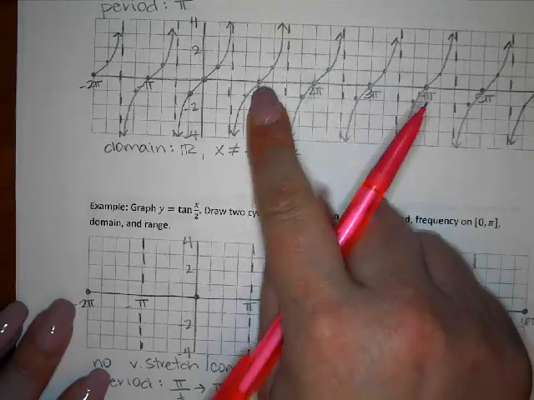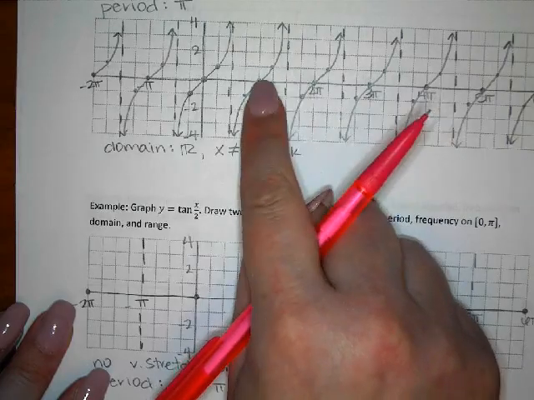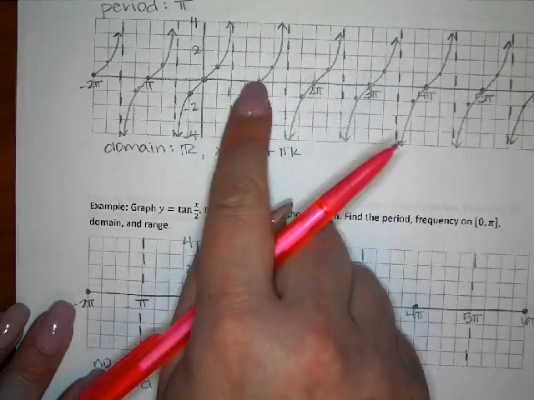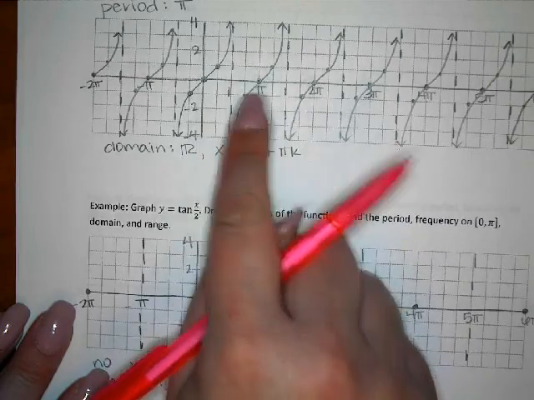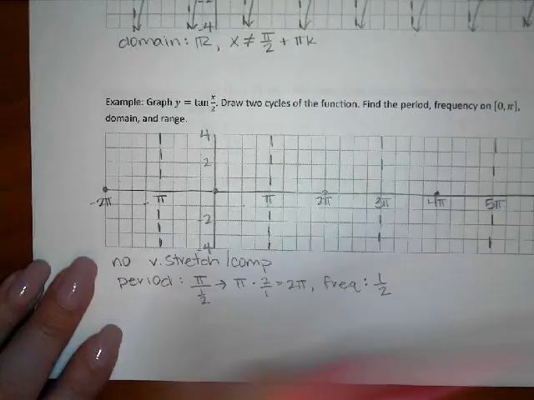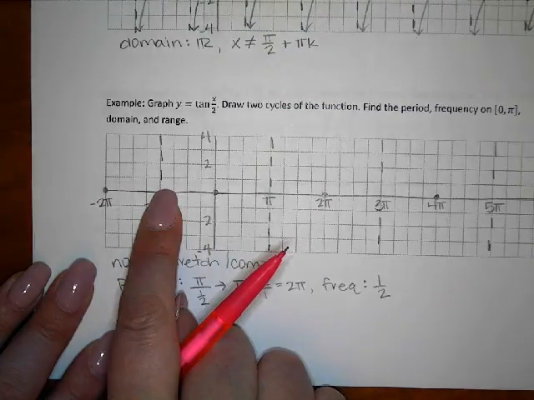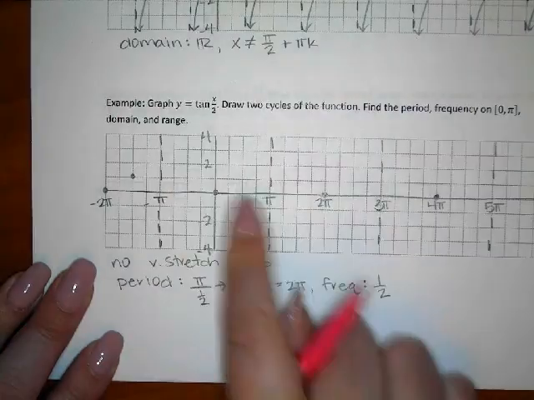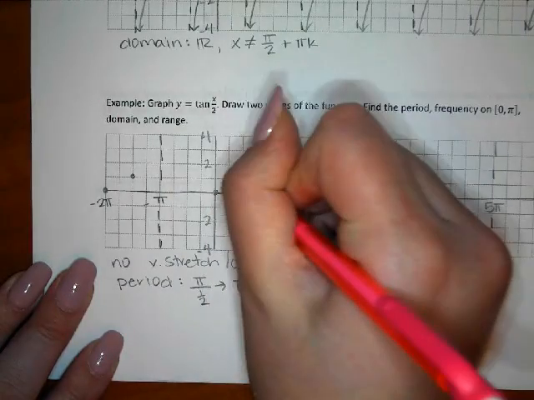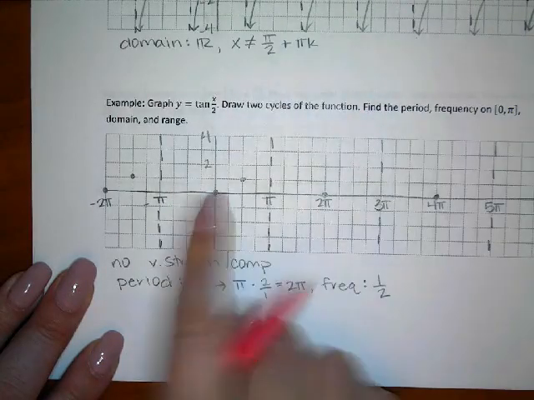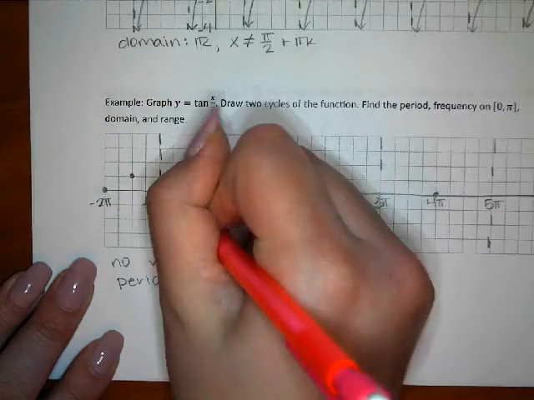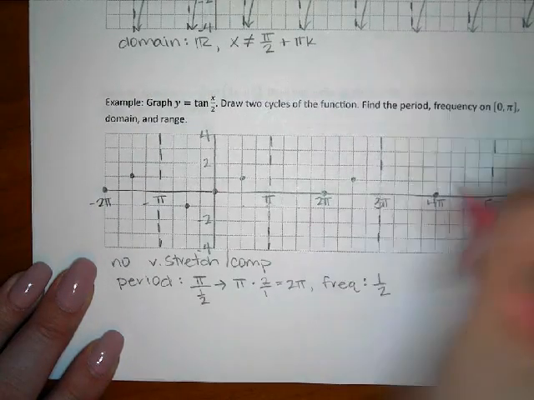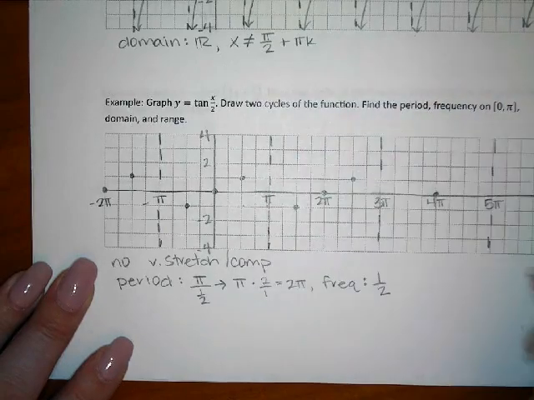Halfway between the x-intercept and the asymptote, we go down. So go up to 1, go down 1. Go up to 1, go down 1.